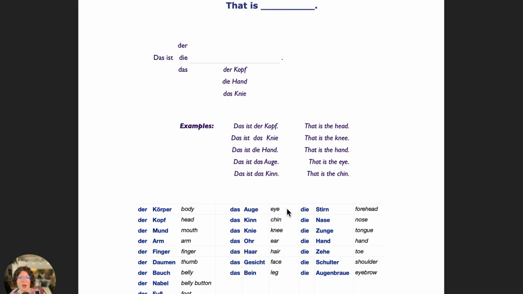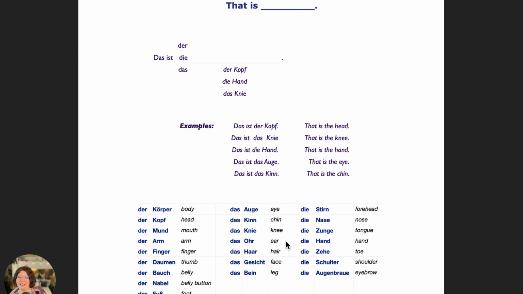Das ist das Auge. That is the eye. Das ist das Kinn. That is the chin. Das ist das Knie. That is the knee. Das ist das Ohr.